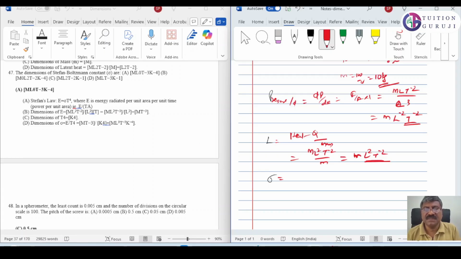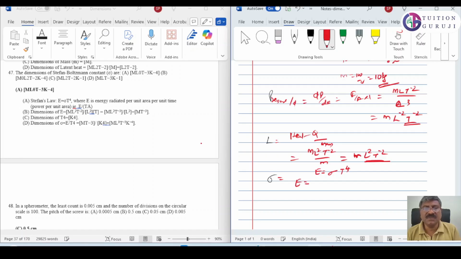Stefan's law says actually E is equal to sigma T raised to 4, where E is the energy radiated per unit area per unit time, that is power per unit area, and sigma is the Boltzmann's constant.